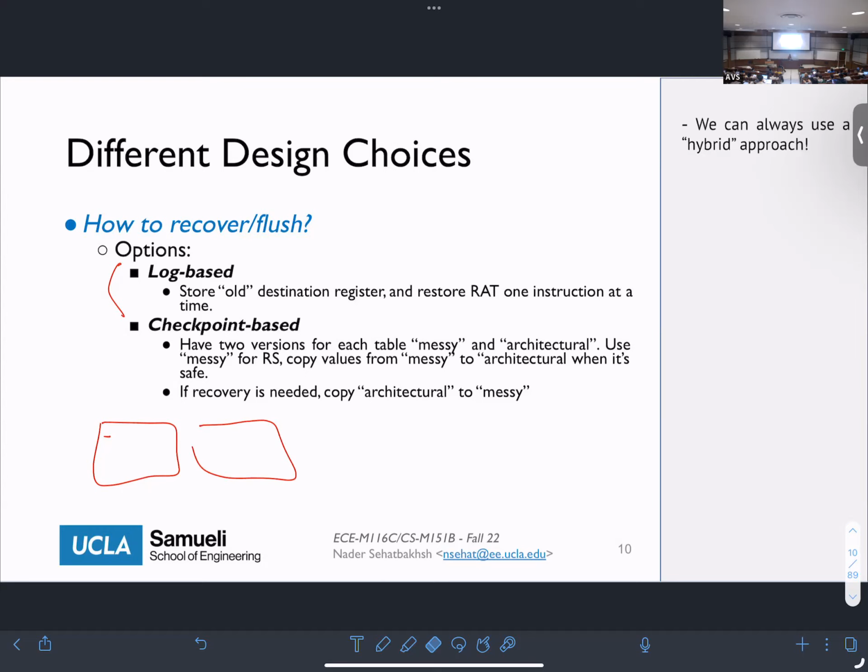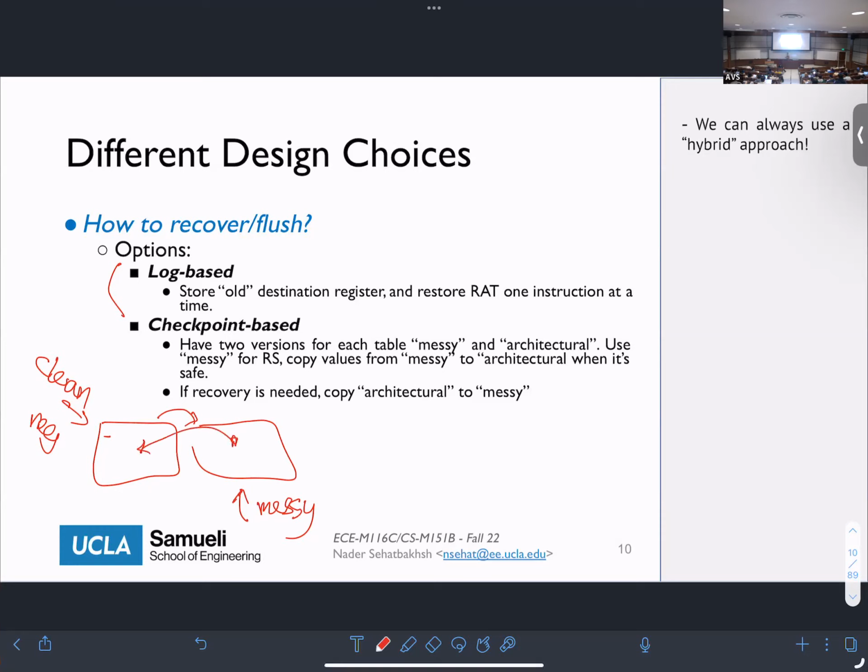And then I'm going to have what we call a clean register file. This is our original register file, which is clean, and it keeps track of things in the right way. Then we have a mechanism that, after a while, when things are safe, writes from messy to clean.